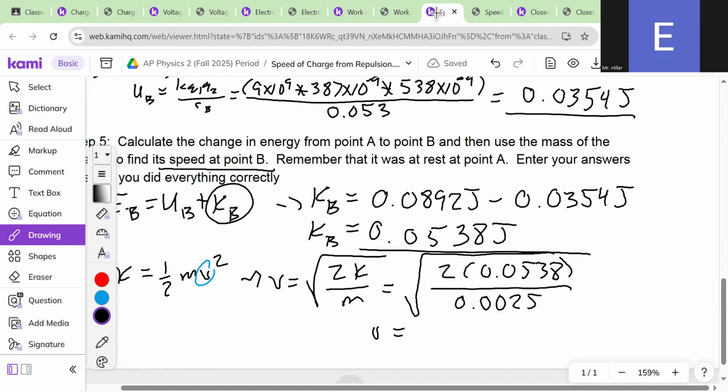Okay, we're going to go 2 times 0.0538. Divide that by 0.0025. Then I have to square root that, and I'm getting a speed of about 6.56 meters per second.